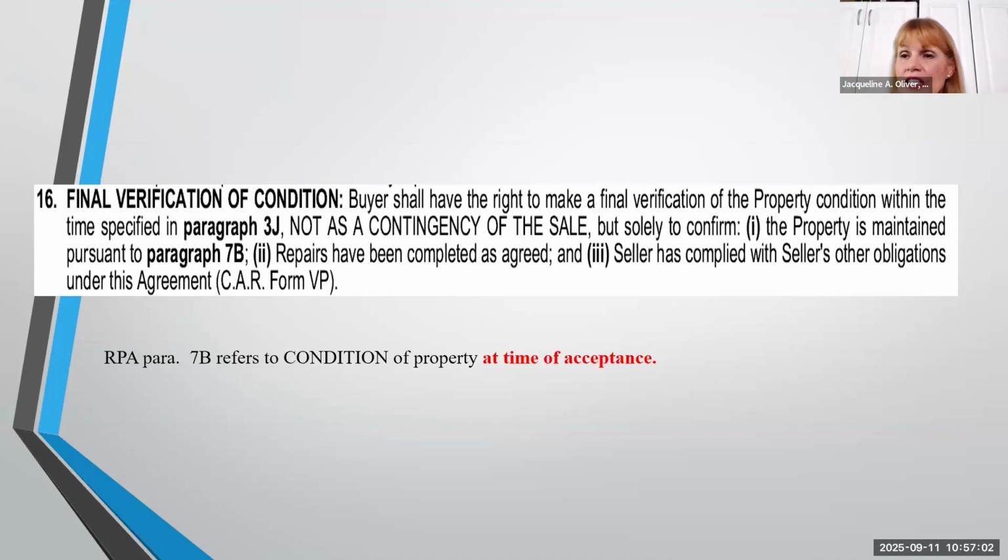Because if the seller fills it in before they listed the property and they provide it, then you may have more time. So that's the seller's date on the TDS. But here 7B says, what is the condition at the time the offer was accepted?